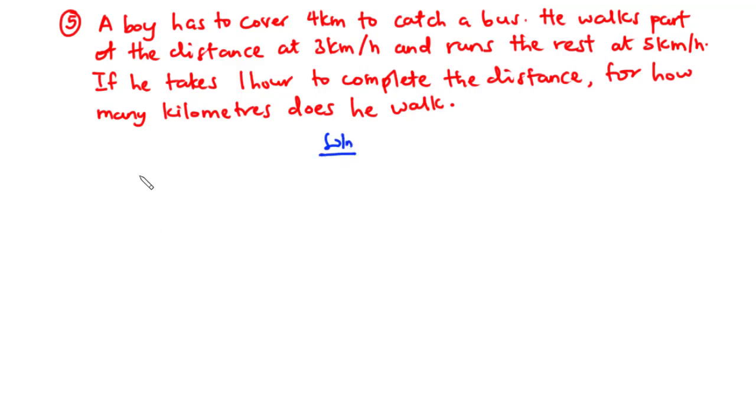Now from the question, we are told that the boy has to cover 4 kilometers to catch a bus. So we say that the total distance is 4 kilometers, okay? He walks part of the distance at 3 kilometers per hour.